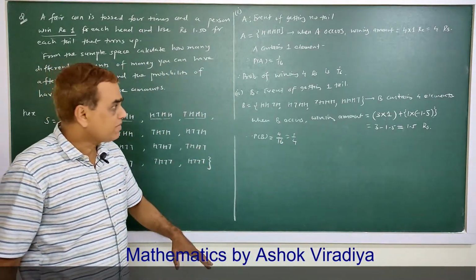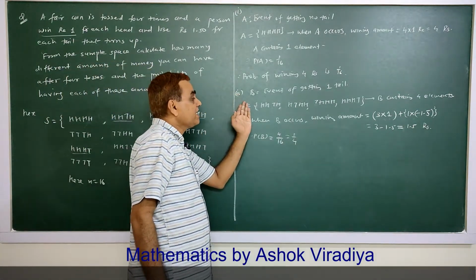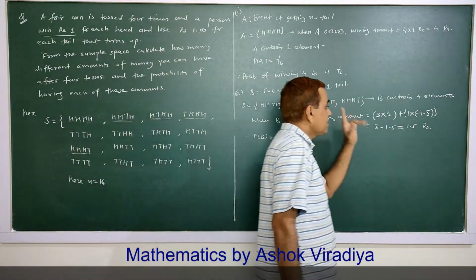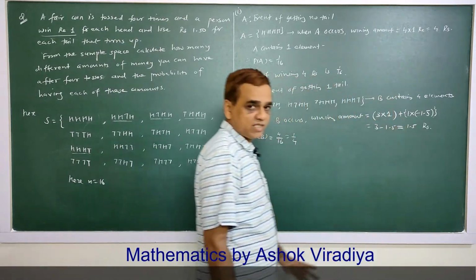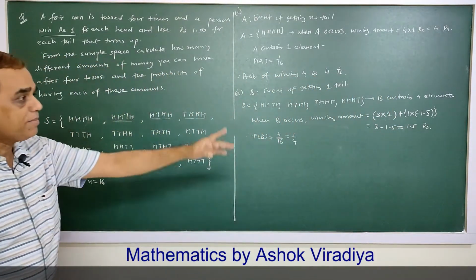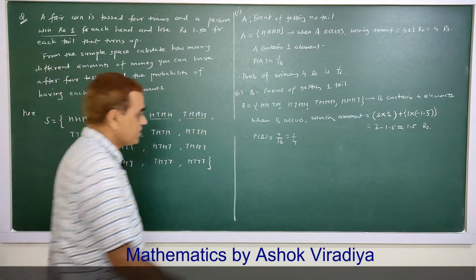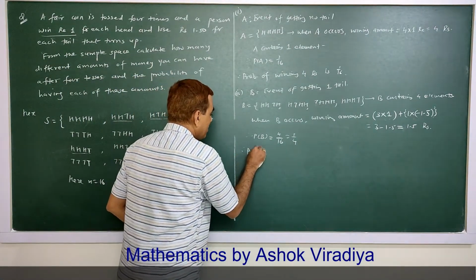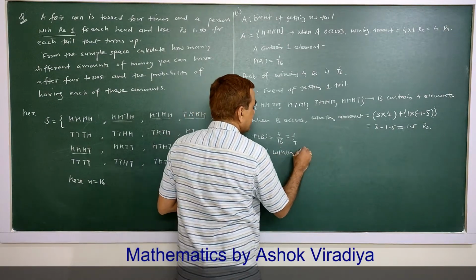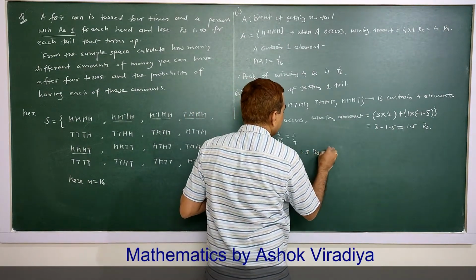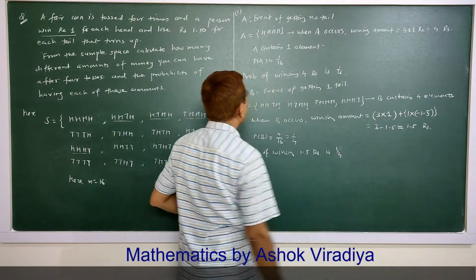So when B occurs, the person wins 1.5 rupees. Therefore, the probability of winning 1.5 rupees is 1 by 4.